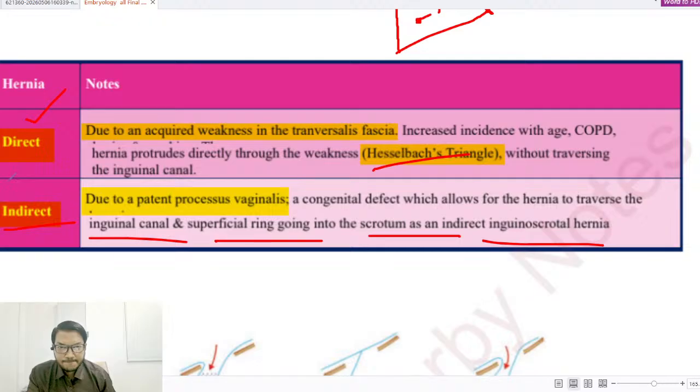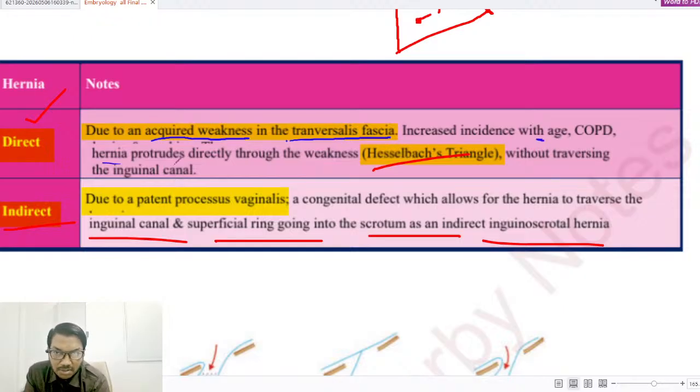Hernia, direct, indirect. Direct hernia is due to an acquired weakness in the transversalis fascia. Increased incidence with age, COPD patient.